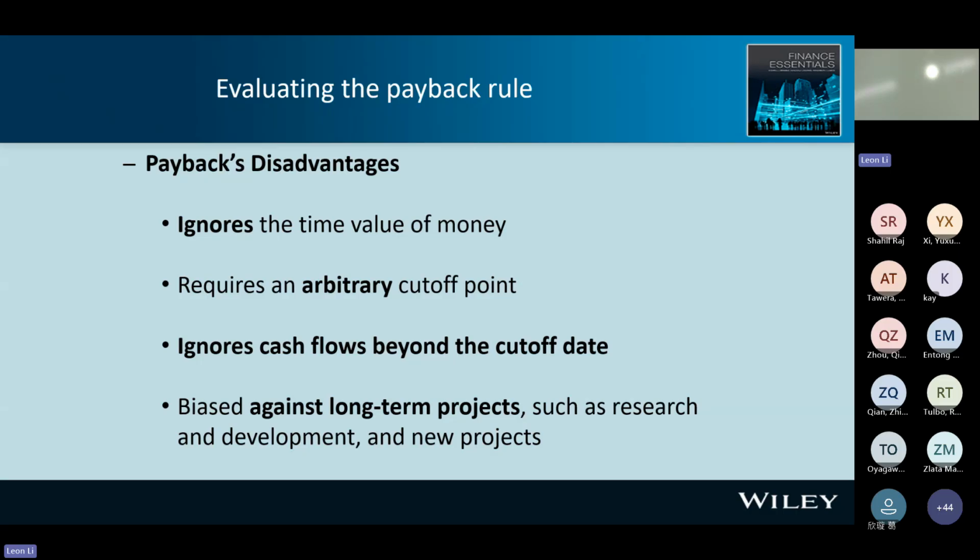Sometimes the cut-off year depends on our subjective decision. So you can see payback has several disadvantages. However, like I said, the disadvantages of payback will be the advantages of NPV.